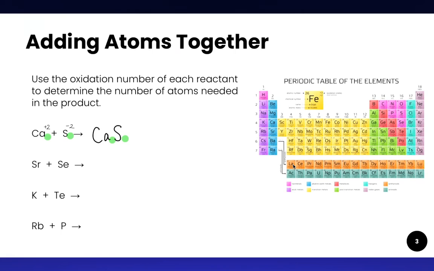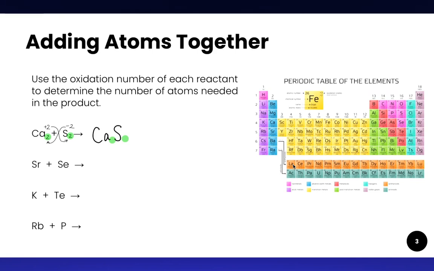So the charge of calcium is +2. You're going to cross that charge down and put it as sulfur's subscript on the product side. So you're going to put a 2 here. And then this charge gets crossed down and put there. Once you have the 2 subscripts, you find the lowest whole number ratio, because you can't split an atom in half and have it be the same element.